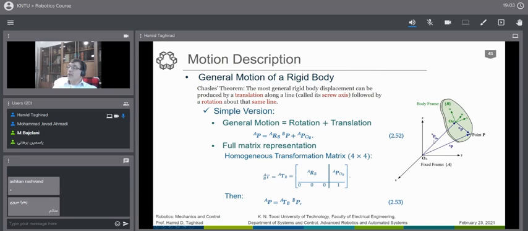But both of them should be represented in the same frame.